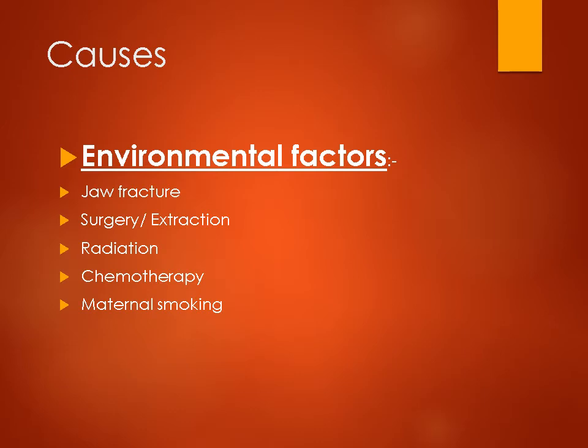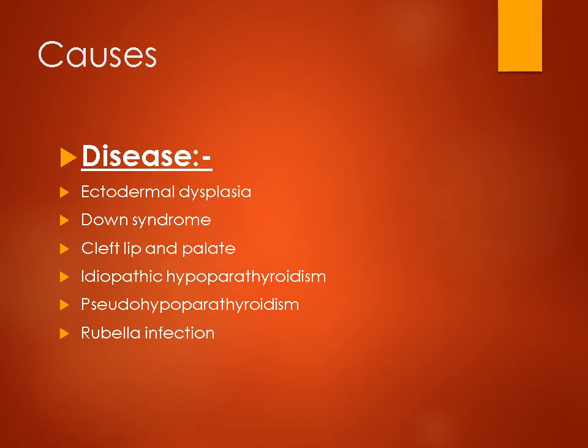It may be because of chemotherapy, or maternal smoking, when the mother is pregnant and a heavy smoker, or because of some drugs she has taken, which can affect the child's dental development and lead to hypodontia, oligodontia, or anodontia.